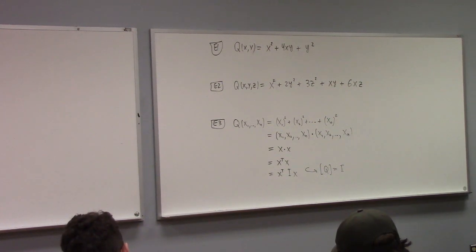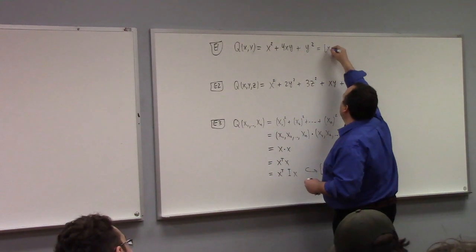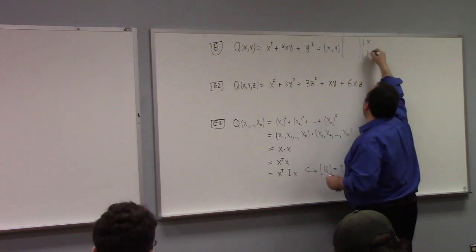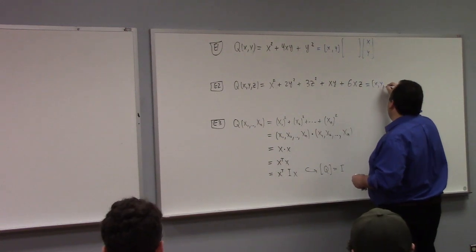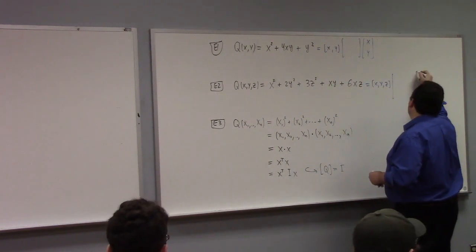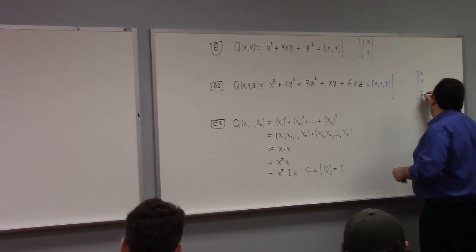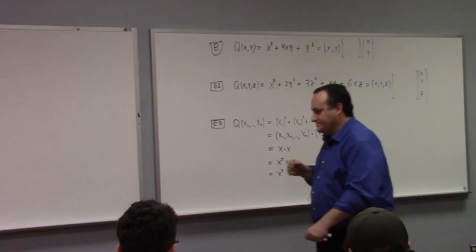Now, you guys help me out. What's the matrix of this one? You fill in the blank for me. I hope that I've given you guys homework problems like that. I bet I have. What goes there?